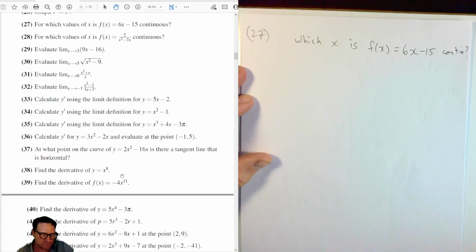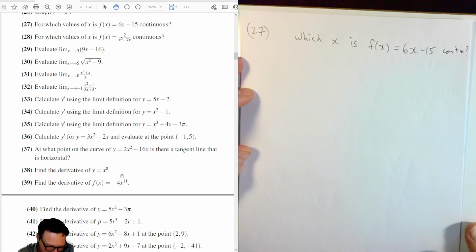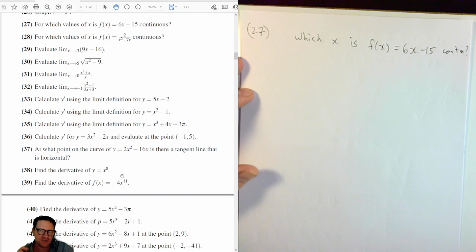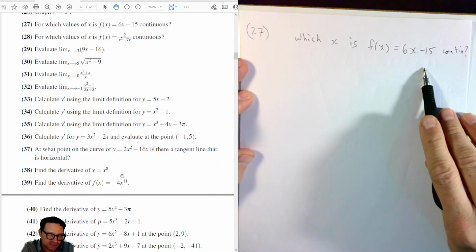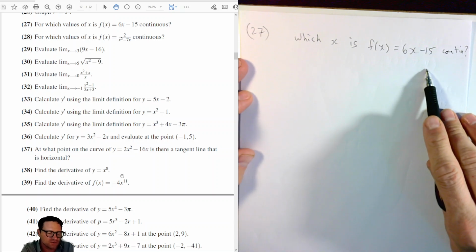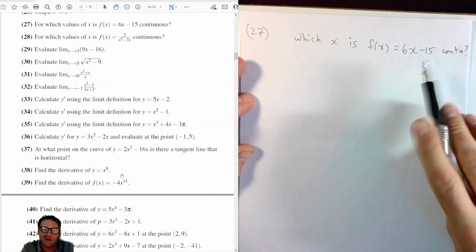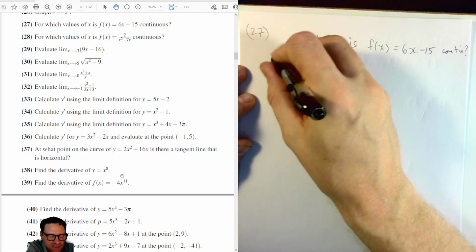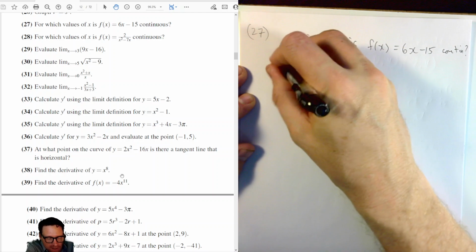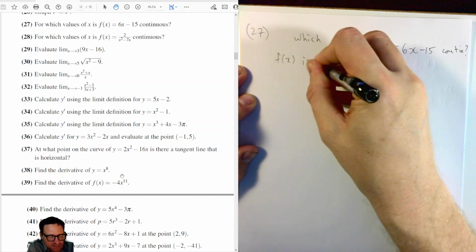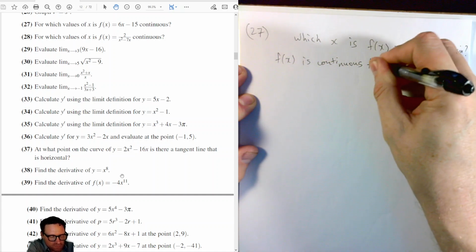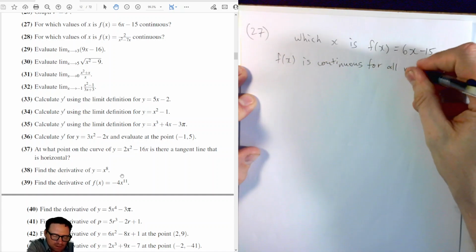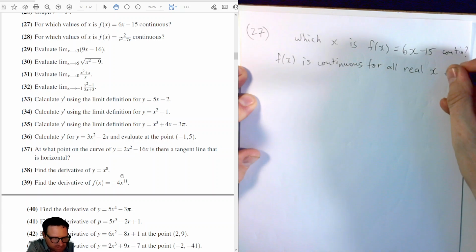Now, intuitively, the way you can think about continuity is ask yourself the following question. Do I have to lift up my pen ever to sketch this function? And the answer is no. So therefore, the function is continuous. Okay, so the answer to this question is f of x is continuous for all real values of x.